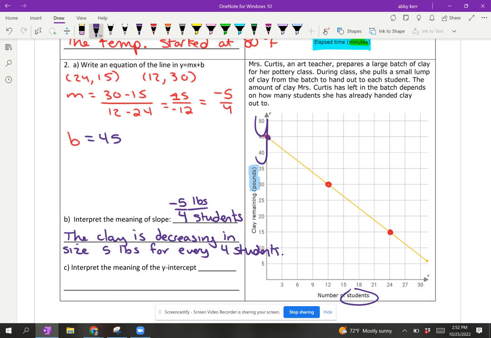You can say that she's giving 5 pounds for every 4 students. Anything along those lines is fine. And then we're starting out with how many pounds? We're starting out with 45 pounds. So the clay started at 45 pounds, because that's our y-intercept.